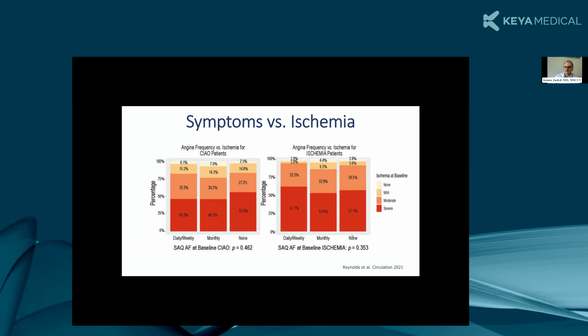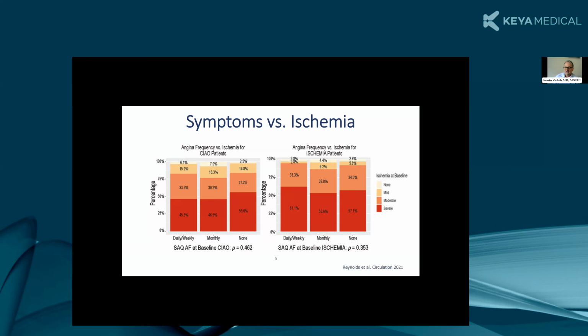Compared to the severity of angina, from no angina, monthly, and then probably fairly extensive angina on a daily basis, the point here is these numbers are all very similar. So patients who had no angina had almost as much ischemia as those who had severe angina. And that was shown for patients with obstructive as well as non-obstructive disease. So the key notion to take away here is that the correlation between angina and ischemia is very poor.